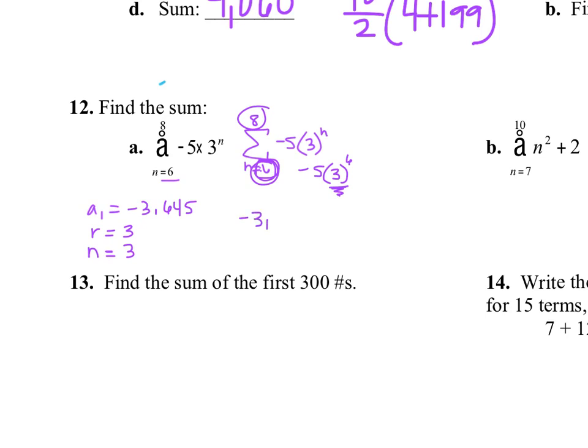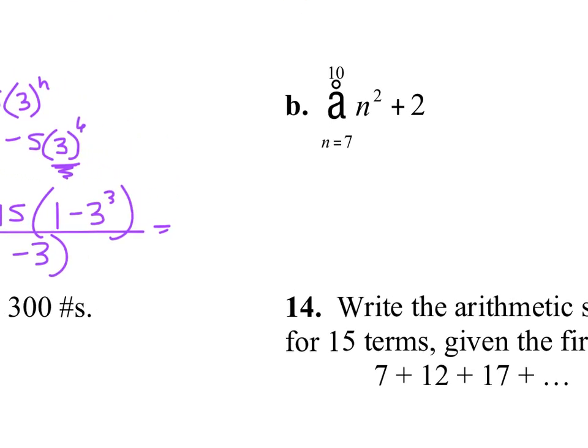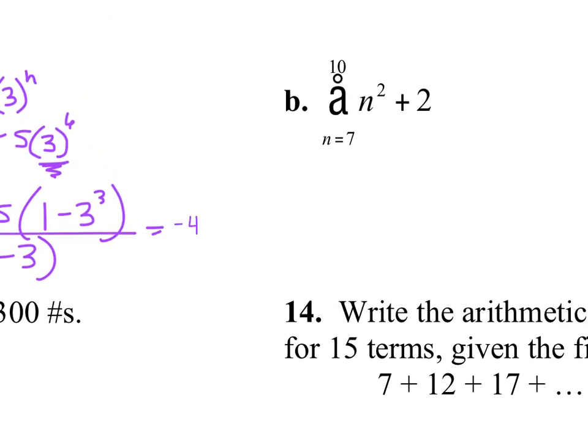A sub 1 times 1 minus the rate to the n power over 1 minus the rate. And make sure you keep all those parentheses exactly how you see it. And when you do that, you get a sum of negative 47,385.